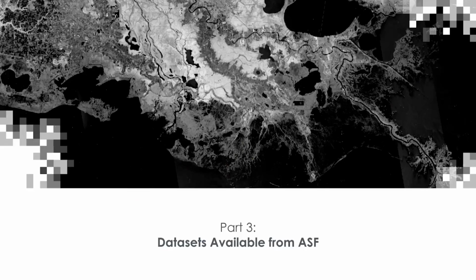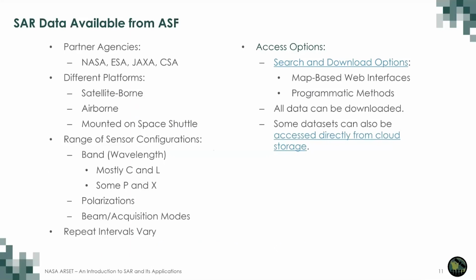Thanks, Franz. ASF has quite a range of data that's available in our archive. We serve synthetic aperture radar data that was collected by NASA itself, but also collected by partner agencies, including the European Space Agency, the Japan Aerospace Exploration Agency, and the Canadian Space Agency. Most of the data in our archive is collected by sensors that are on a satellite.